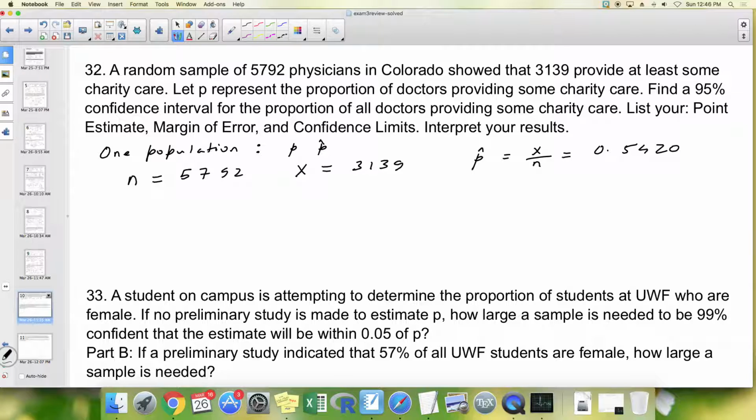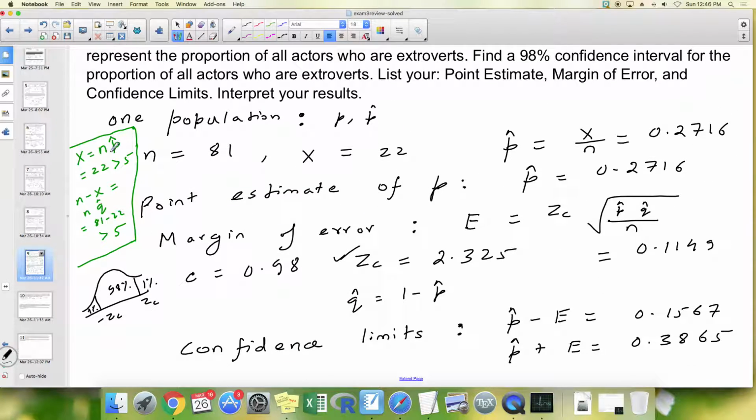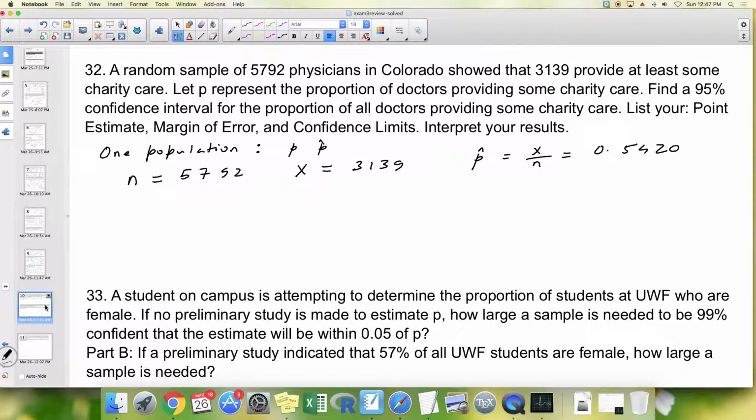I'm sorry that we missed to do this, but the thing we need to check is whether n times p hat, that means x, is bigger than 5 and n minus x is bigger than 5. So in the previous problem, n was 81 and x was 22. So 22 is bigger than 5 and 81 minus 22 is also bigger than 5. This we'll do now also.